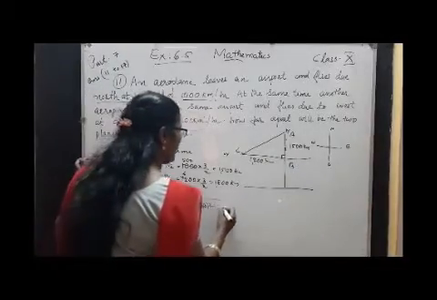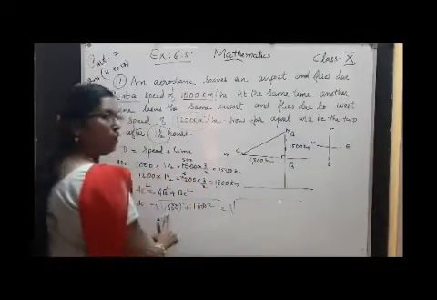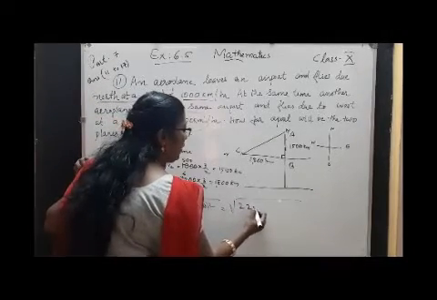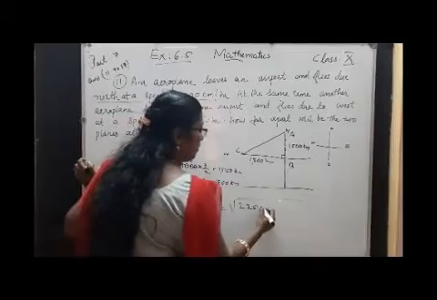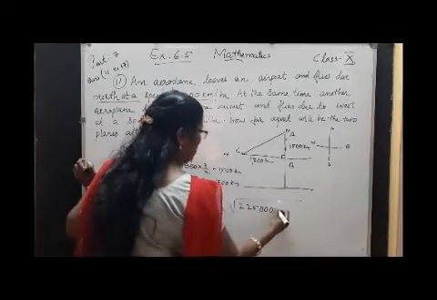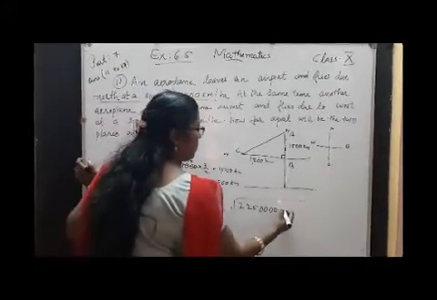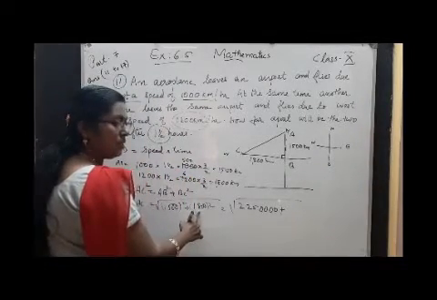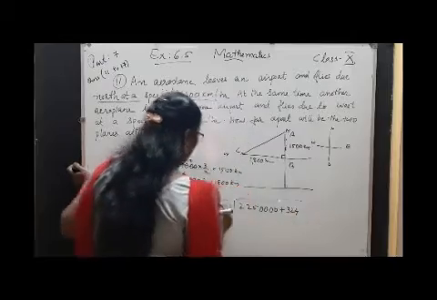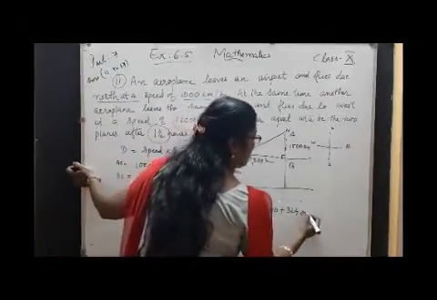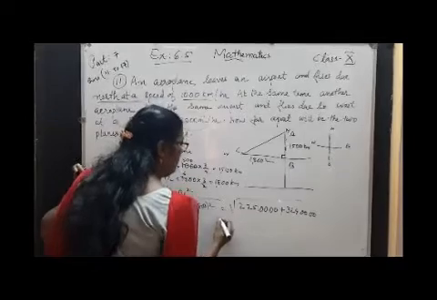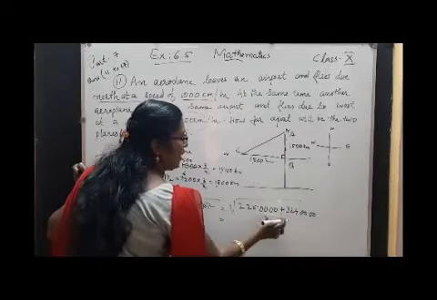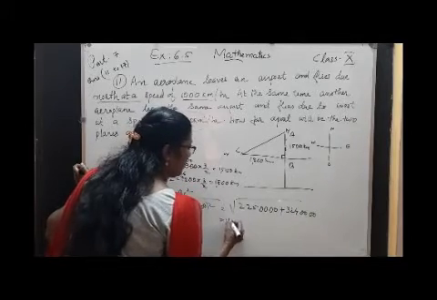Okay, this is root of the square of 1500, that is 225 followed by 0, 0, 0, 0, plus the square of 18, which is 324, then 0, 0, 0, 0. Then from the two terms, take 10,000 common outside.